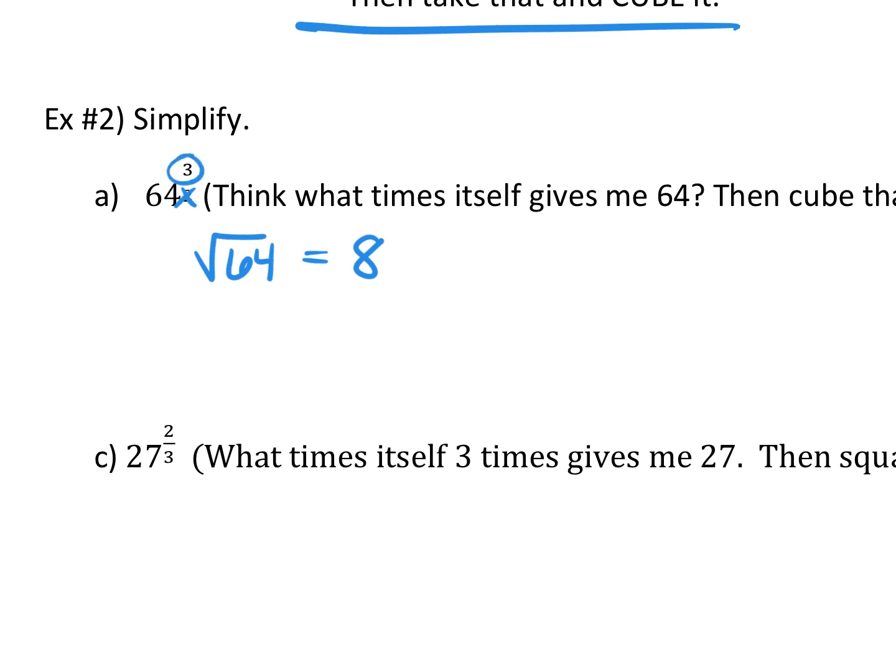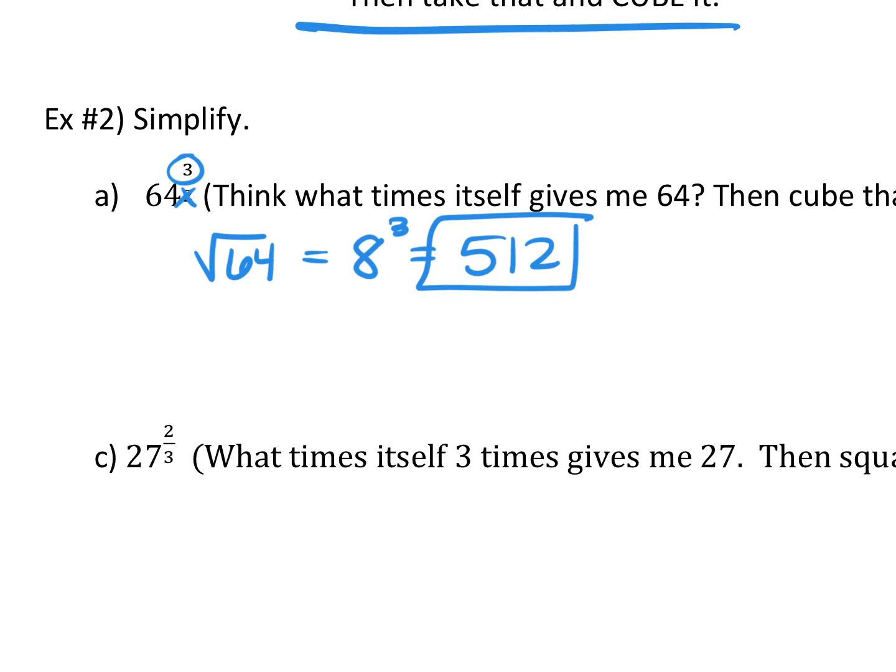Cubing it. 8 to the 3rd power. Now, I don't need you to know what 8 to the 3rd power is. Just type that into your calculator. 8 to the 3rd power. Wait, can't you just plug it in to the calculator? No. But yes, you can. Okay, so that's 512.